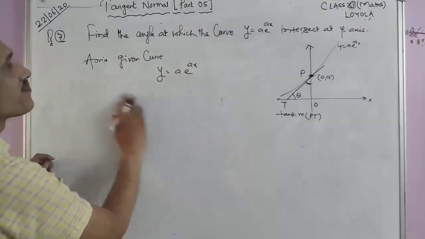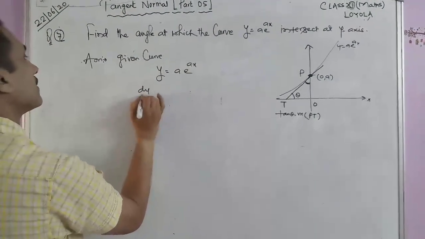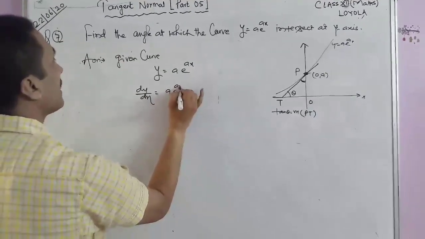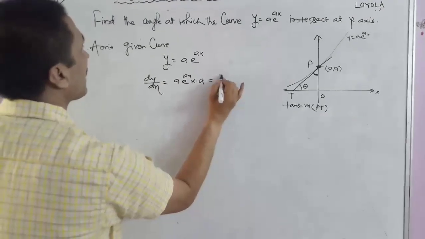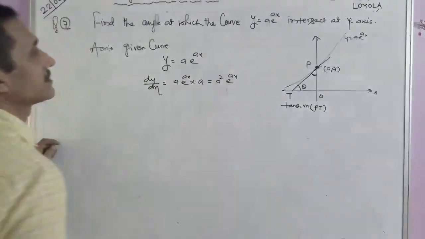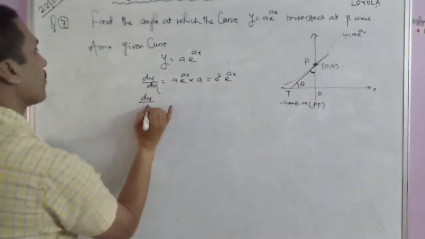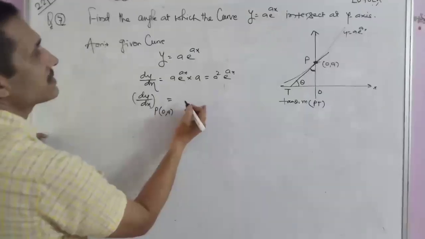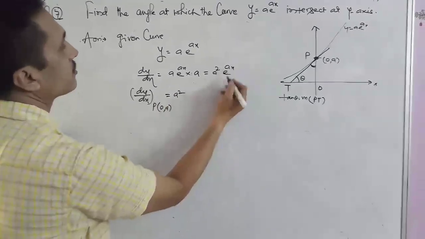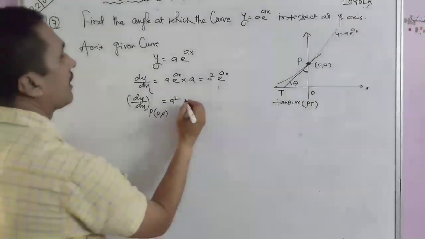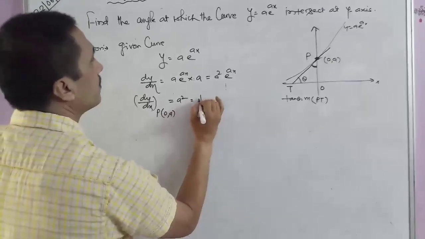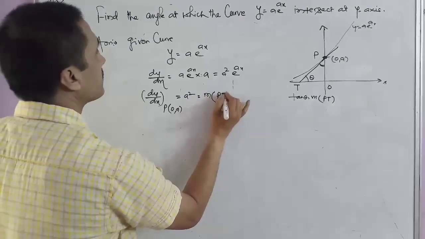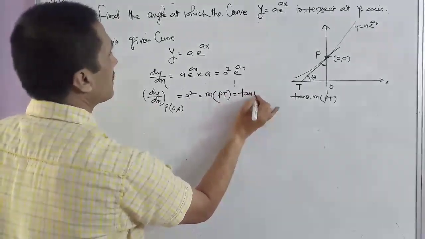Clearly, dy by dx is a e to the power ax into a, that is a square e to the power ax. So the slope of PT, dy by dx at P(0, a), is a square e to the power 0, which is a square, and this will be equal to the slope of tangent PT, that is tan theta.